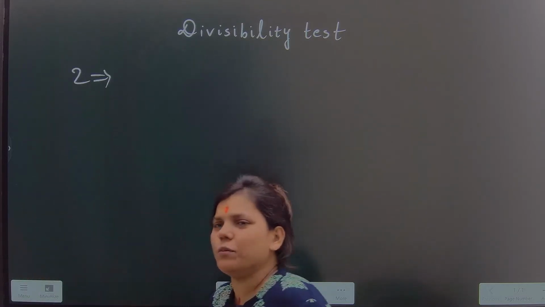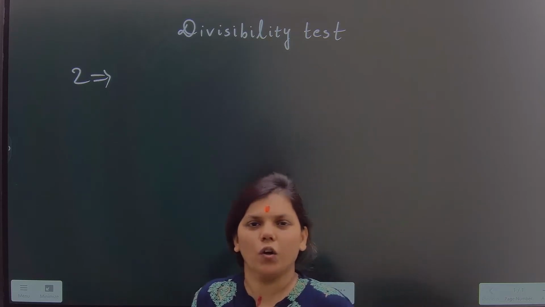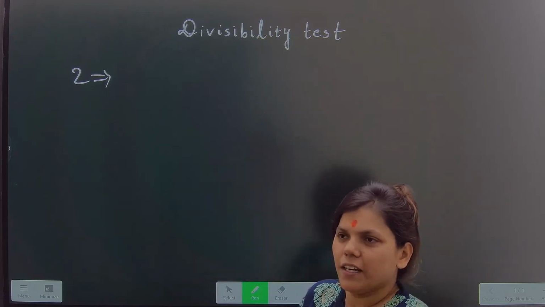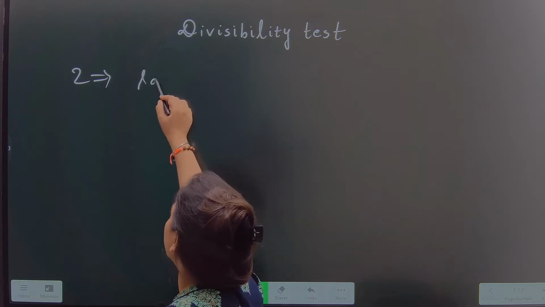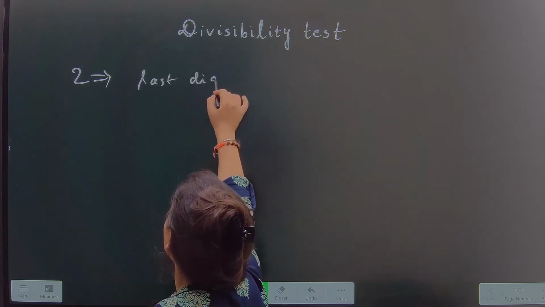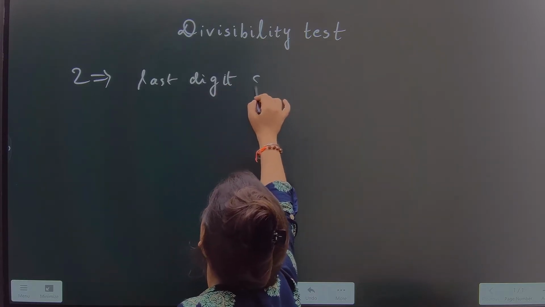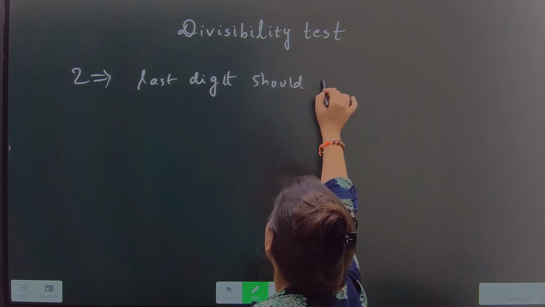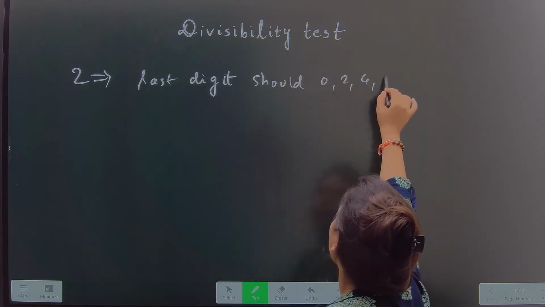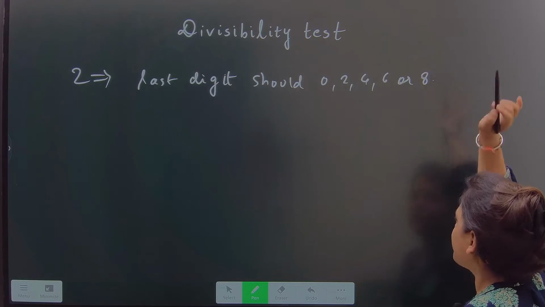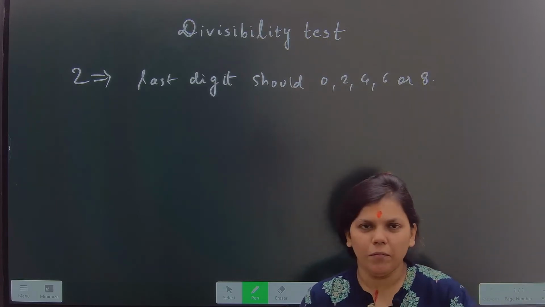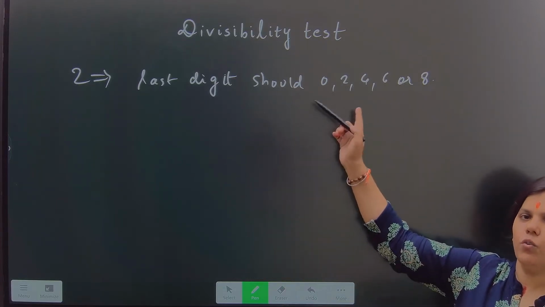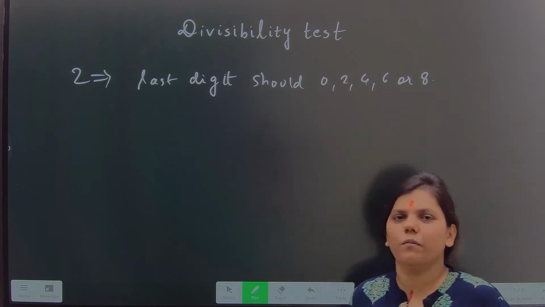So how will you come to know whether the number is divisible by 2 or not? For that, the last digit you need to check, and the last digit should be either 0, 2, 4, 6 or 8. Okay? Any number which ends with 0, 2, 4, 6 or 8 is divisible by 2.